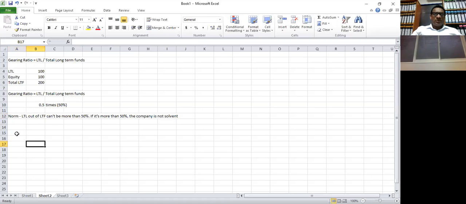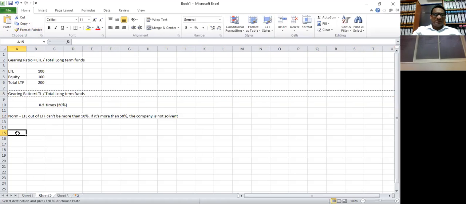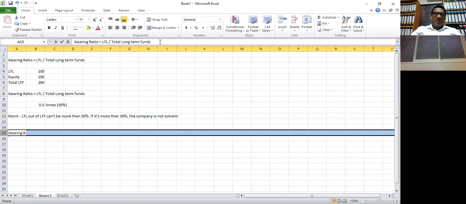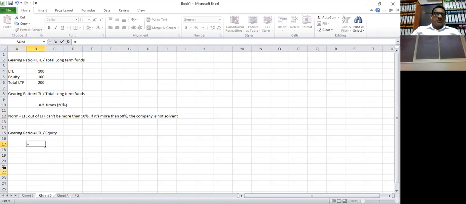Now, another way of calculating gearing ratio is long-term liabilities divided by equity. If I calculate gearing in that manner, long-term liabilities would be 100, equity would be 100. That will be one time, or 100%. Remember what I said, long-term liabilities can't be more than equity.